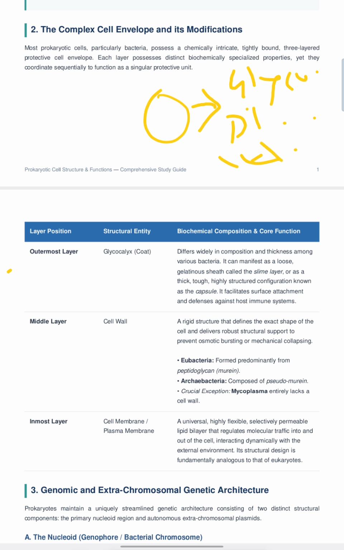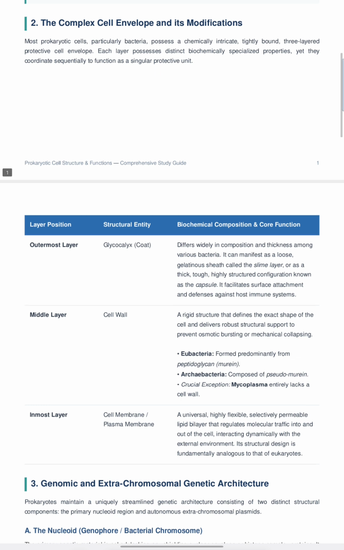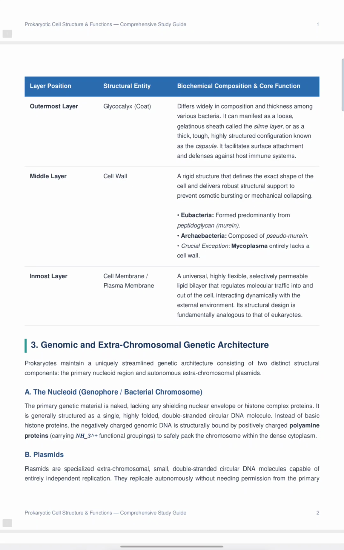Cell wall is present in plant cells and prokaryotes, but the cell wall is absent in animal cells. It is a unique character of plant cells. So let us discuss these three layers.